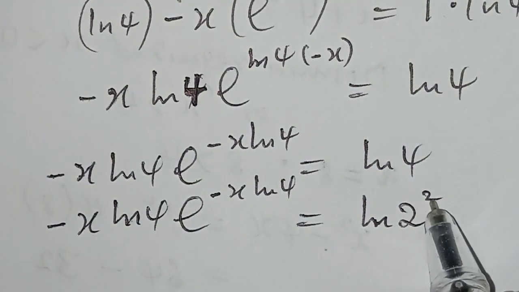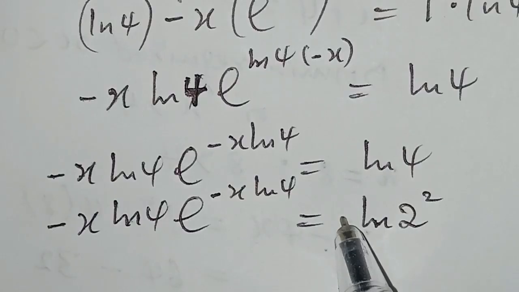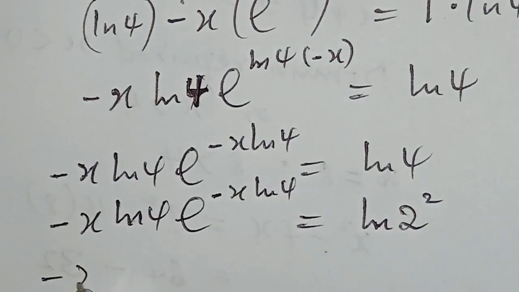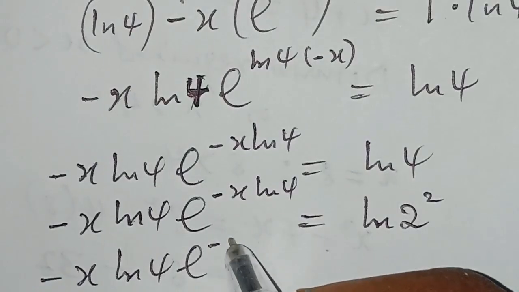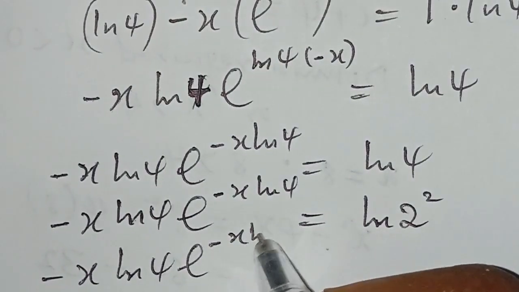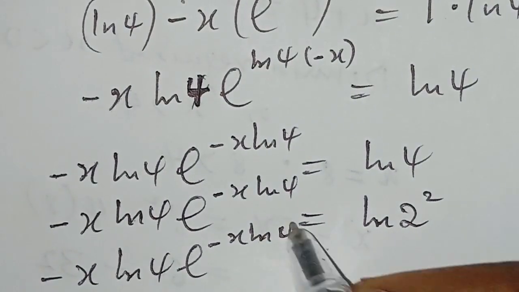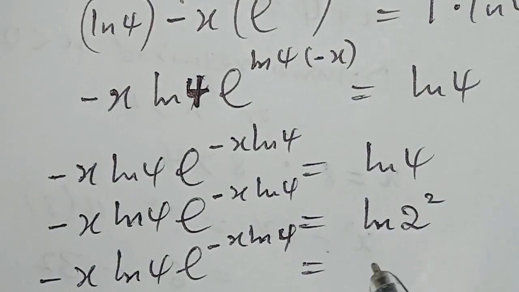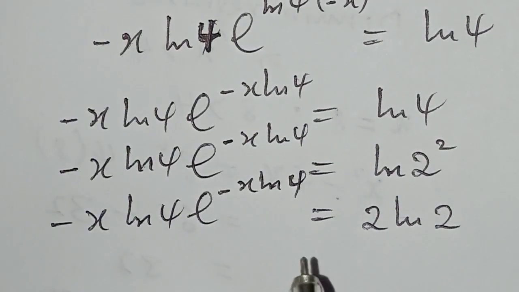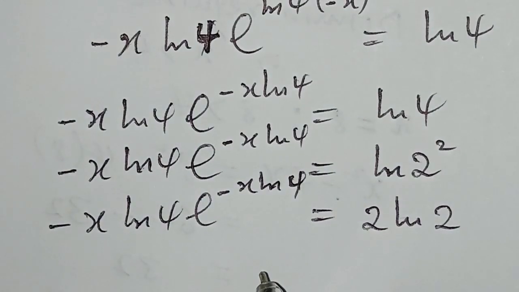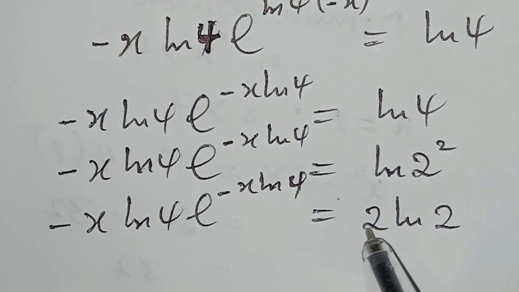Now let's bring this exponent down to the base. We have minus x ln of 4 e to the power of minus x ln of 4 is equal to 2 ln of 2. Now the next step becomes taking the exponents of these 2.